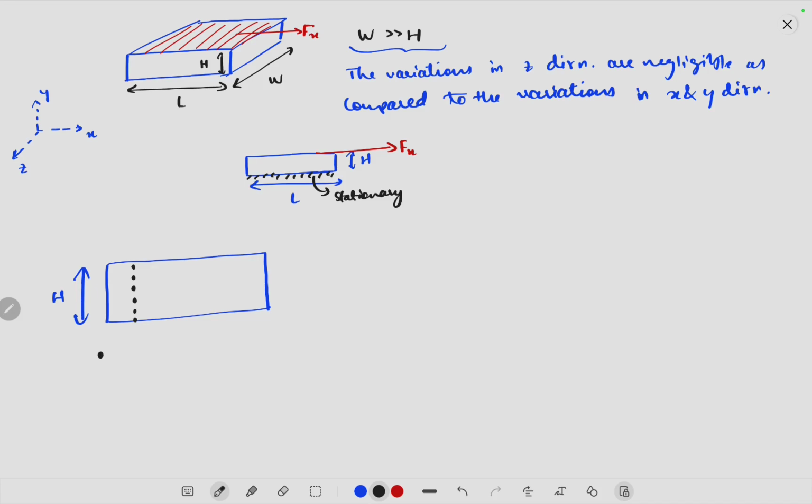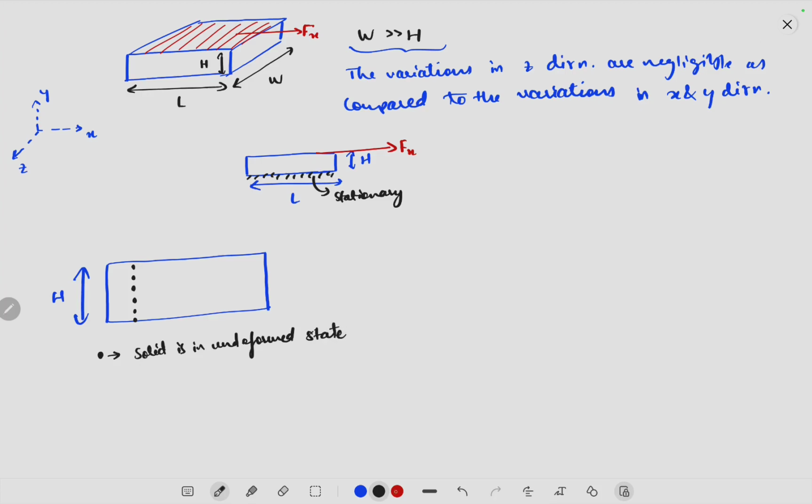These points are when the solid is in undeformed state.